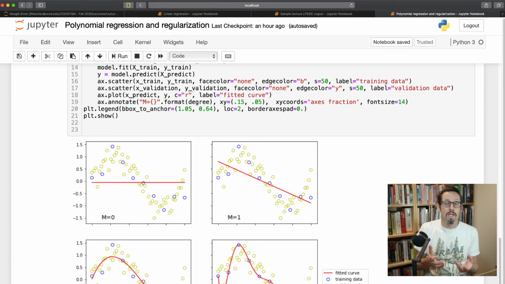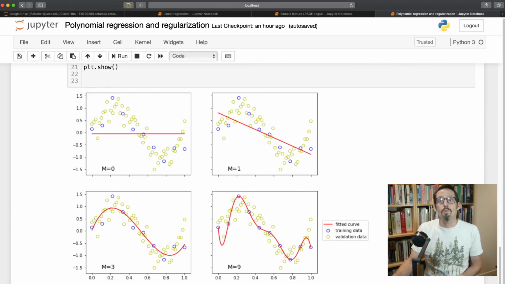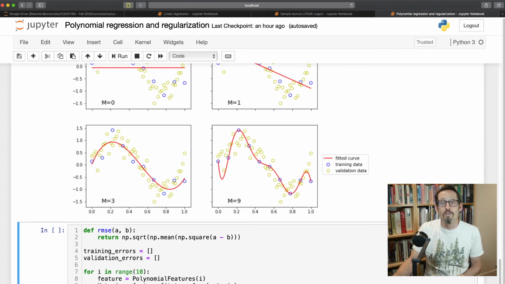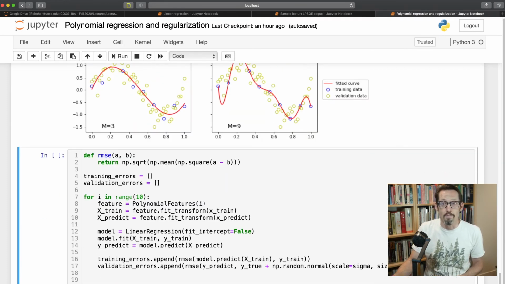And if we want to pick which one of these curve fits is the one we want to use in the future, we can just say whichever one has the least error on our validation set on these yellow dots, that's the one that is the curve for me. All right.